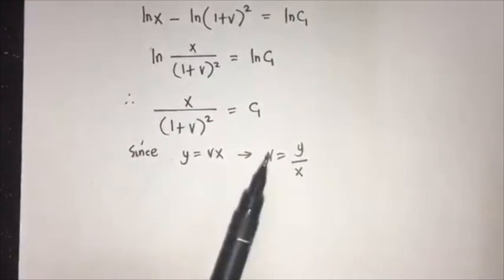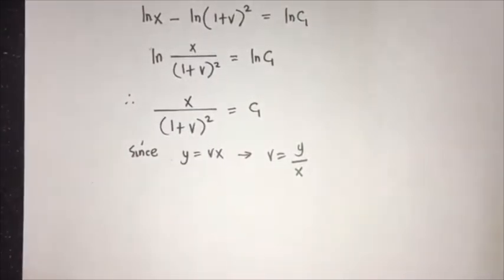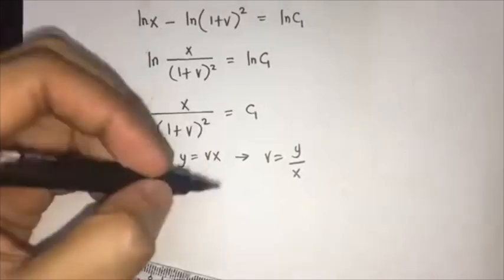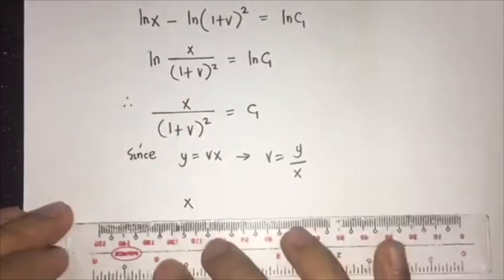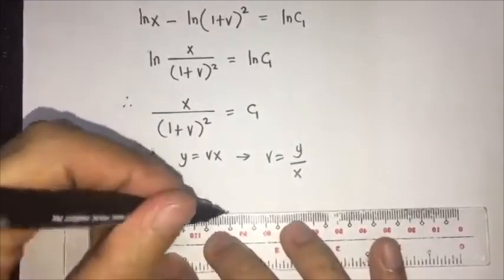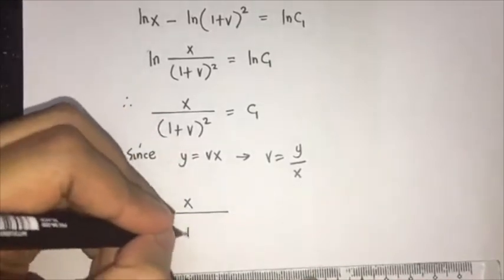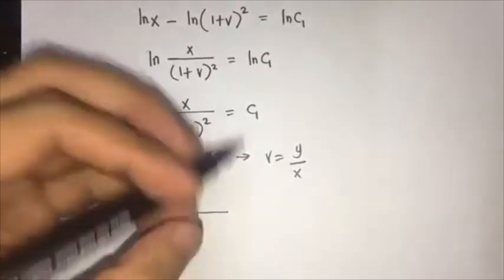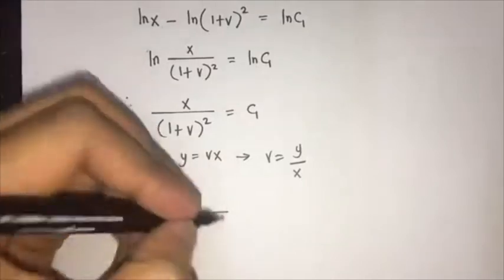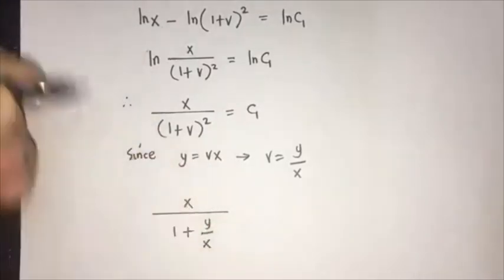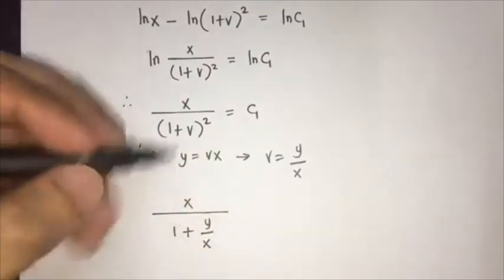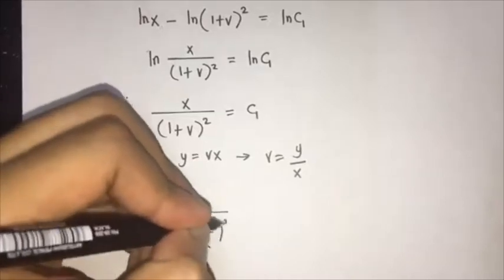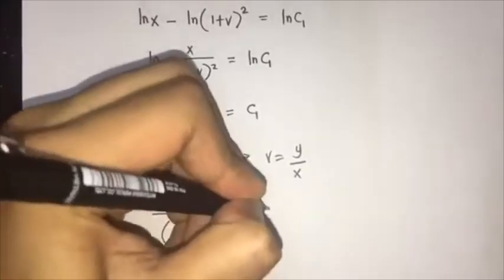Okay, so substituting that back into our answer, we will have x over (1 plus y over x) squared is equal to c1.